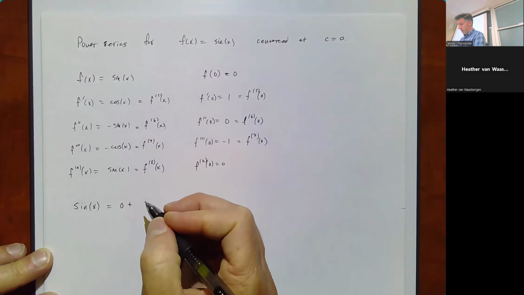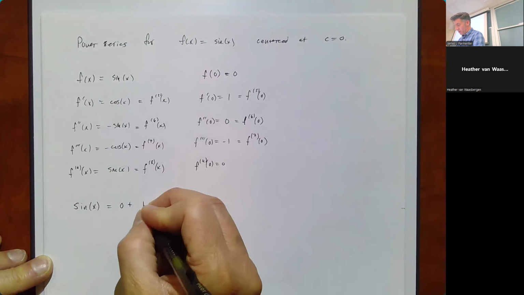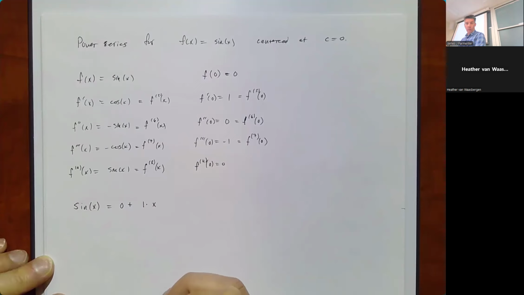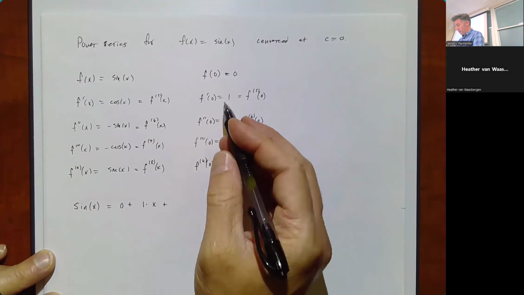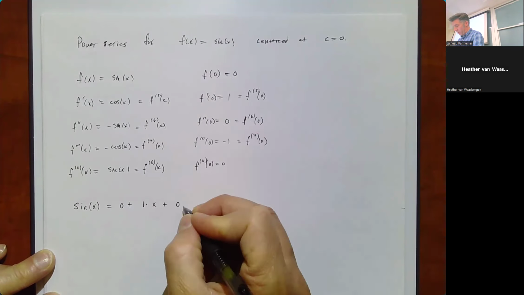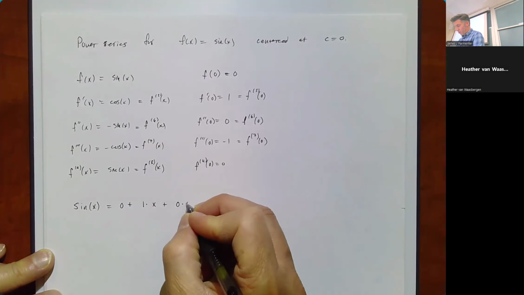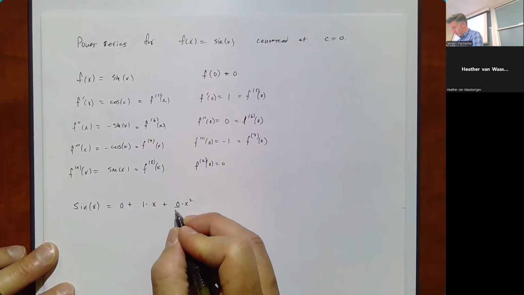Plus, my f prime of 0 is 1 times x minus 0 to the first power over 1 factorial. I didn't write any of that because it's all ones. Plus, my f double prime of 0 is 0 over 2 factorial times x minus 0 squared. I don't really need to write the x squared because it's not going to make a difference, but I could write all that.